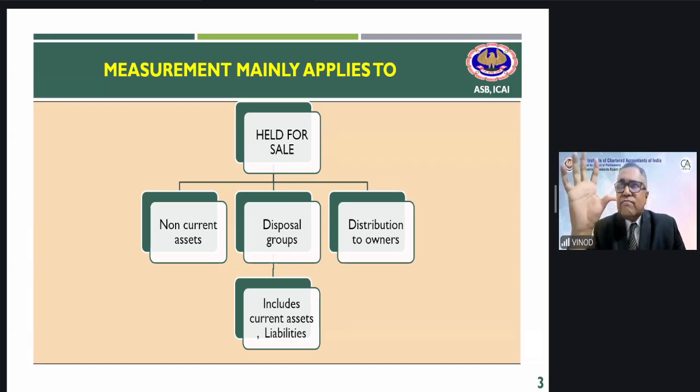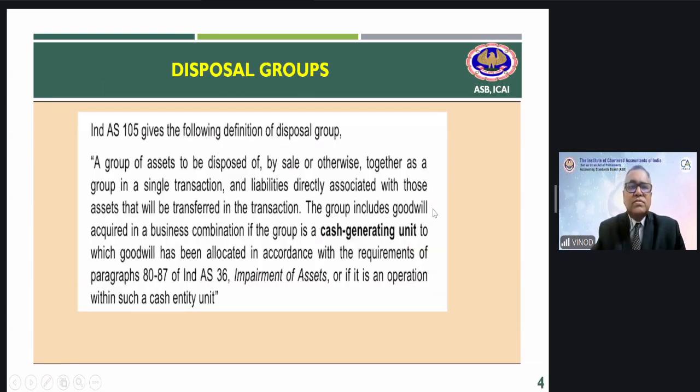So this is the first part of Ind AS 105. Now we will try to get into the details of this. What exactly are all these things? Now the definition of a disposal group is mentioned, you can go through it. A disposal group means a CGU, cash generating unit, or something large, geographical, or a factory, or a profit and loss unit, which contains assets.